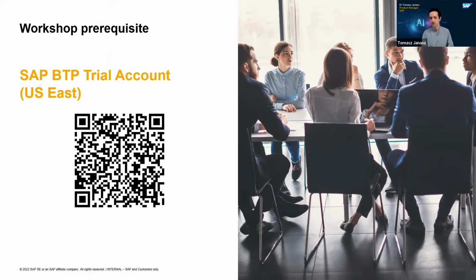My first part of the presentation will take up to 20 minutes, so now you still have the opportunity to create an account if you don't have one already. Just scan this QR code and you will be guided to a tutorial that will show you the guidance and procedure how to create a free trial account on BTP. Just please make sure that you create a sub account which is on the US East landscape. Thanks a lot.